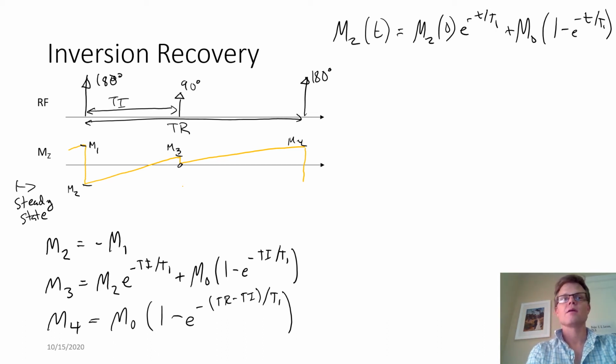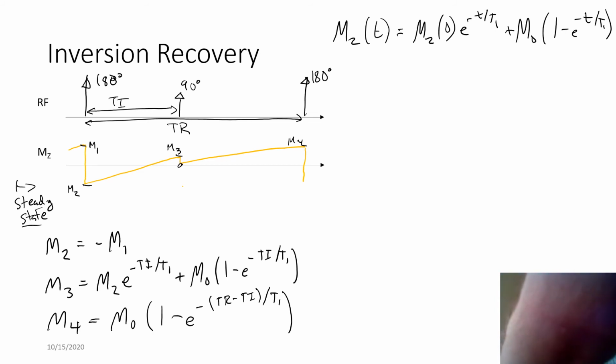Okay, and then what the steady state piece here means is that the magnetization is repeating the same pattern TR to TR. So this means that M4 is the same as M1.